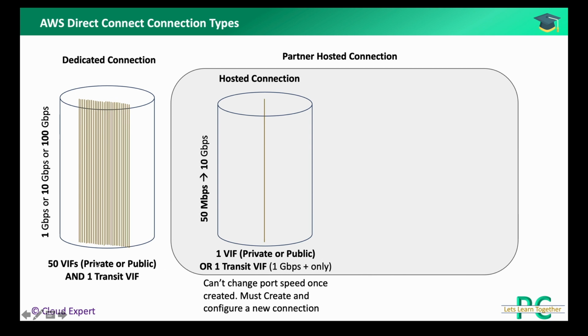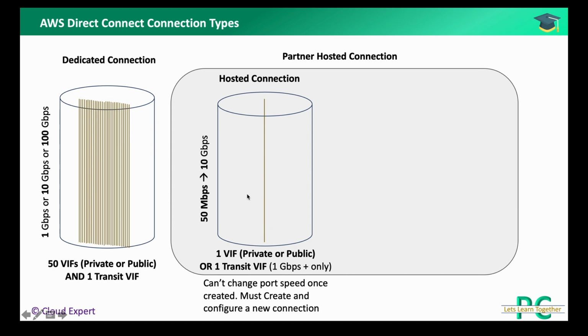So please remember the difference between dedicated connection and partner hosted connection. For dedicated connection, network speed is 1 Gbps or 10 Gbps, and for some locations, 100 Gbps. Here you will have a total of 51 VIPs: 50 VIPs, which could be all 50 private, all 50 public, or a mix, and one transit VIP.